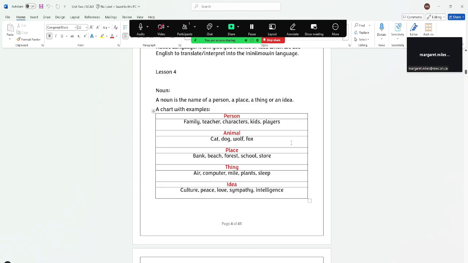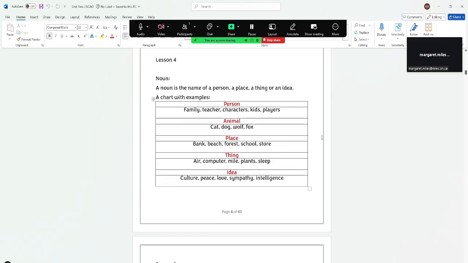An animal: cat, dog, wolf, fox. A place: the bank, beach, forest, school, and store. Thing: air, computer, mile, plants, sleep. An idea: culture, peace, love, sympathy, and intelligence.